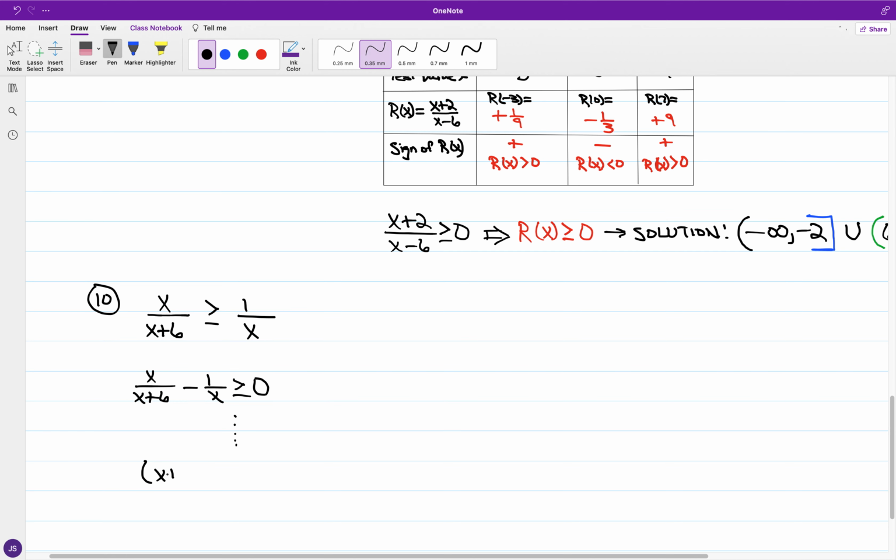So this is going to be the quantity of x plus 2 times that of x minus 3, all over x times the quantity of x plus 6, is greater than or equal to 0.